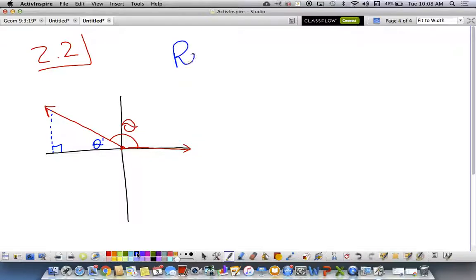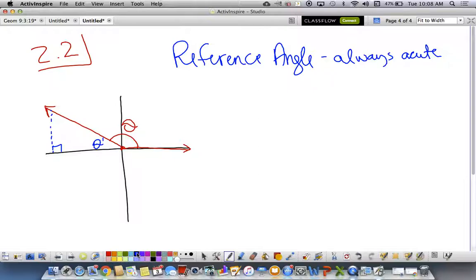So a reference angle is your theta prime. It's going to be an acute angle. Always acute. Every reference angle will be an acute angle.